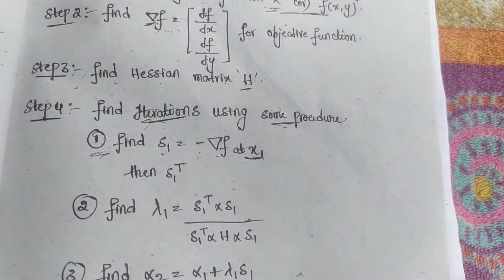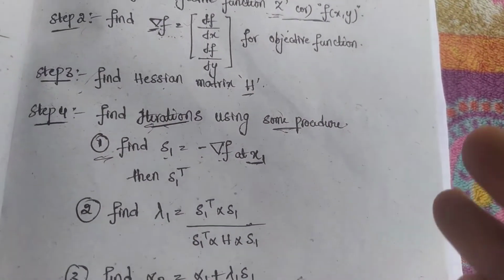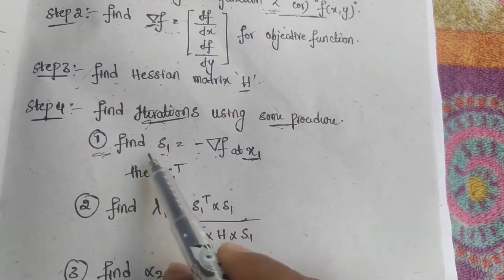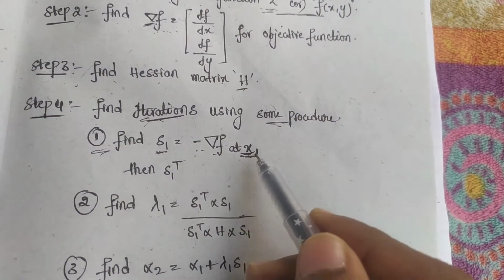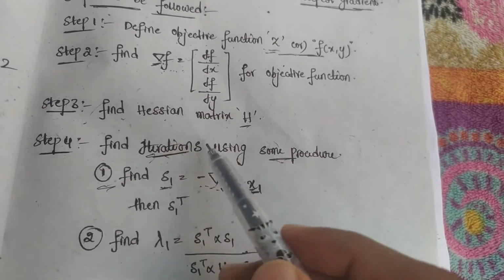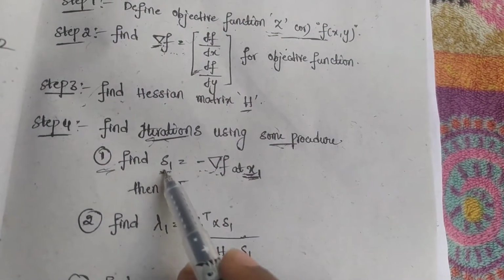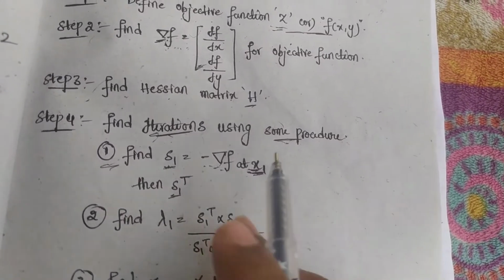By these two conditions only we can say whether it is the gradient descent method or not. So first of all we have to find s1 using minus grad f at the x1 point. In this grad f, we substitute this point, we find the s1 value, then we have to transpose that s1 value.